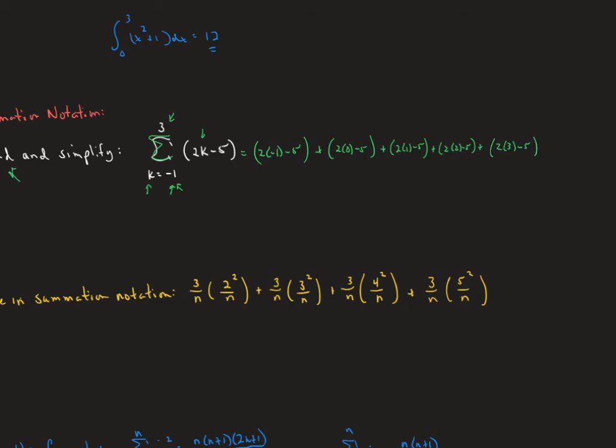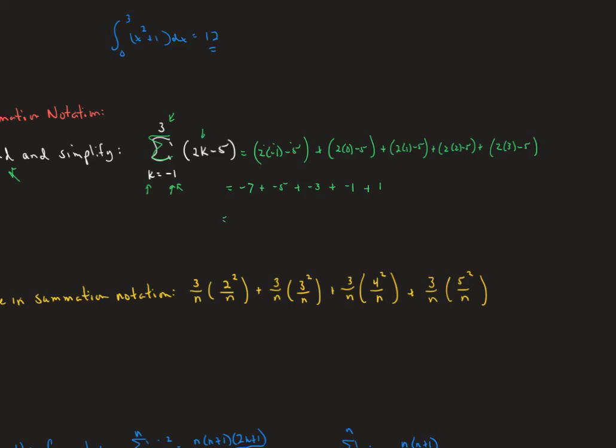We have expanded it. Now we're going to simplify it, so we're going to try to do that arithmetic. So let's see, 2 times negative 1 is negative 2. Negative 2 minus 5 is negative 7, plus 2 times 0 is 0, minus 5 is a negative 5, plus 2 minus 5 is a negative 3, plus 2 times 2 is 4, minus 5 is a negative 1, plus 6 minus 5 is 1.